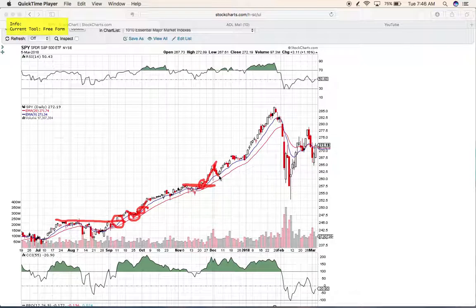Sometimes pullbacks are only about halfway, and this is a good example of a healthy pullback, they would say. When you get a new high, it pulls back about halfway between here and here, and then it takes off again, breaks out to a new high right here, consolidates and waits, breaks out here, and there you go.